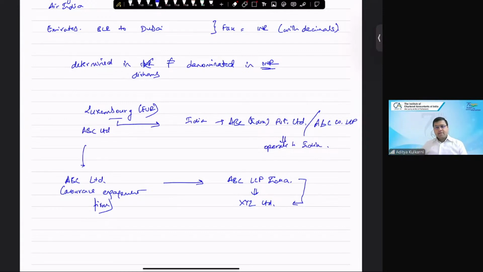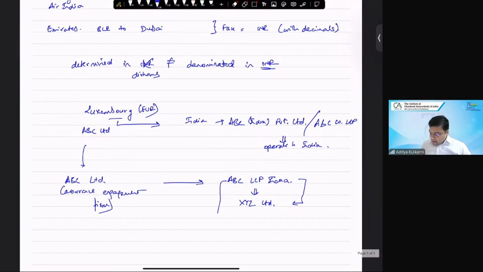Okay, I'm telling it again. So ABC Limited is an assurance engagement firm which is incorporated in Luxembourg. It has its own network of firms, out of which there is one firm in India, ABC LLP India. ABC LLP India is appointed as the auditor for XYZ Limited, which is a large listed entity operating in India.